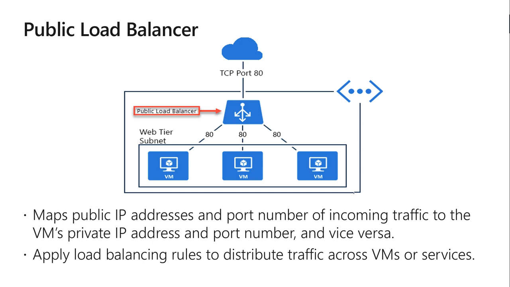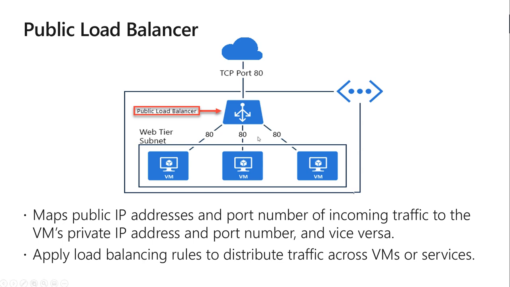For example, you can spread the load of incoming web traffic across multiple web servers. The following figure shows internet clients sending web page requests to the public IP address of a web application on port 80. The Azure load balancer distributes the requests across the three VMs in the load balancing set, right?